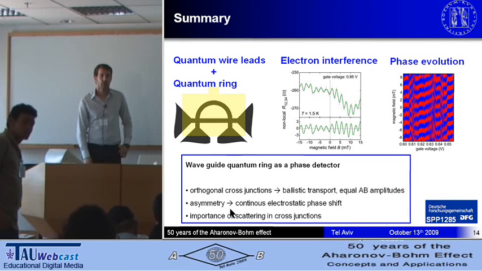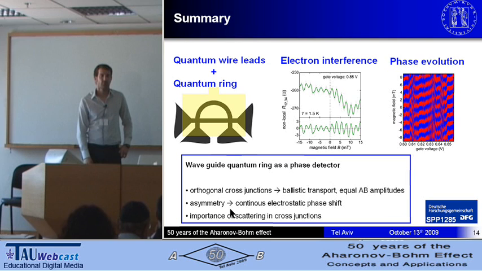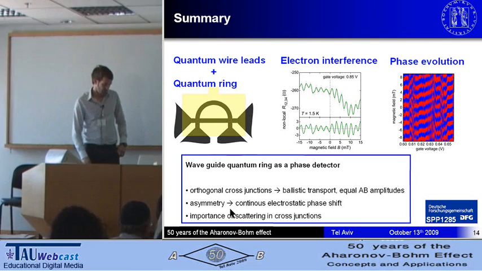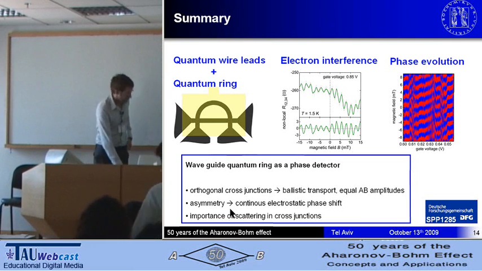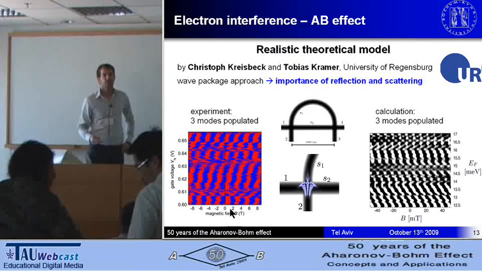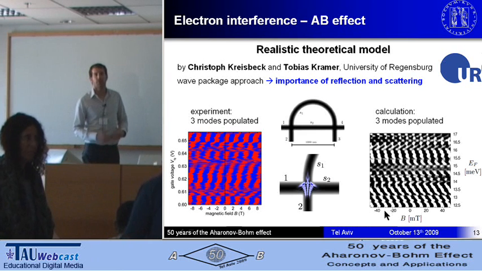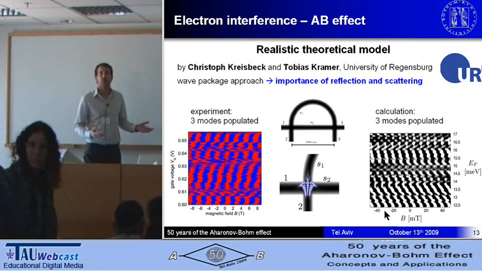So if this phase shift already happens on the scattering at the entrance of the interferometer, why do you see that it's the electrostatic Aharonov-Bohm effect? Because it's just happening at the beginning of this phase shift, right? Yeah, the continuous phase shift occurs due to the change of kf by changing the gate voltage.